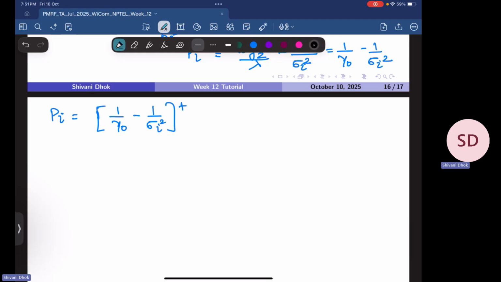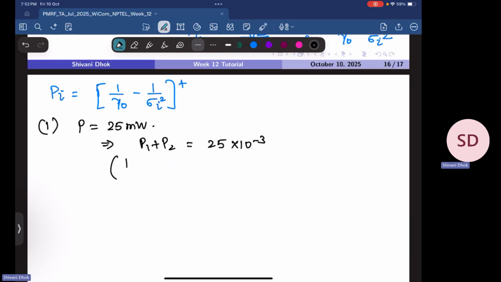So now we'll do it one by one for both the transmit values. The first one is your P equal to 25 milliwatts, which means that your P1 plus P2 should be equal to 25 into 10 raised to minus 3, right? So what we get is 1 over gamma naught minus 1 over sigma 1 square, that is 158.515, plus 1 by gamma naught minus 1 over 10.485.